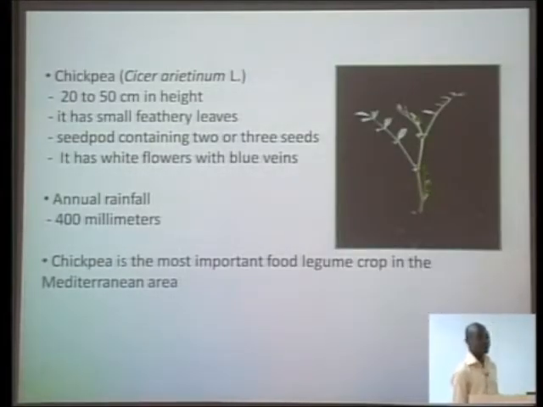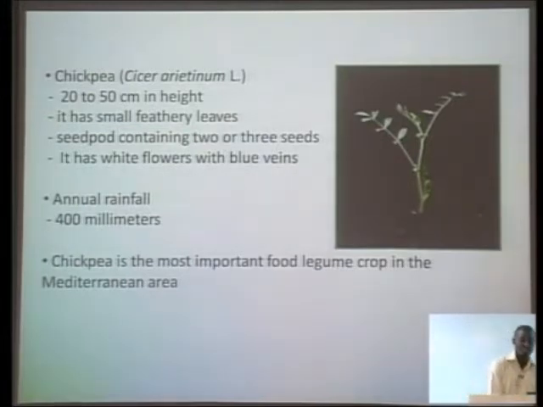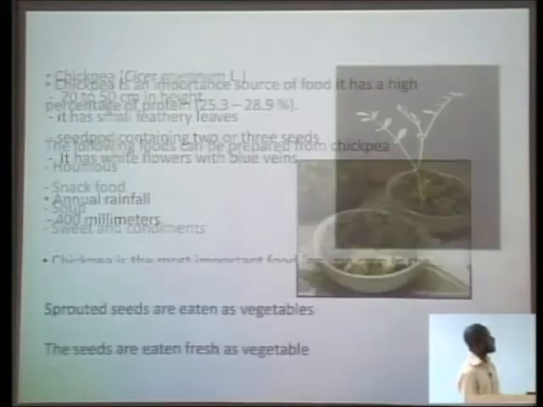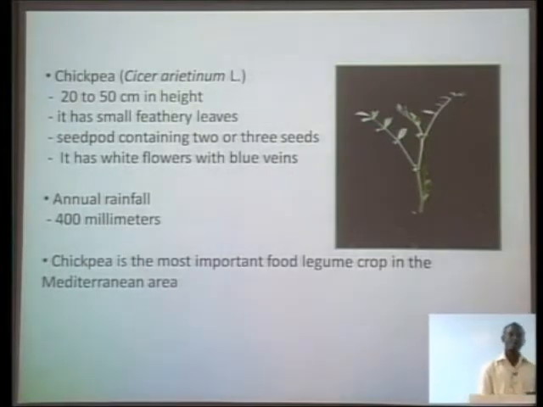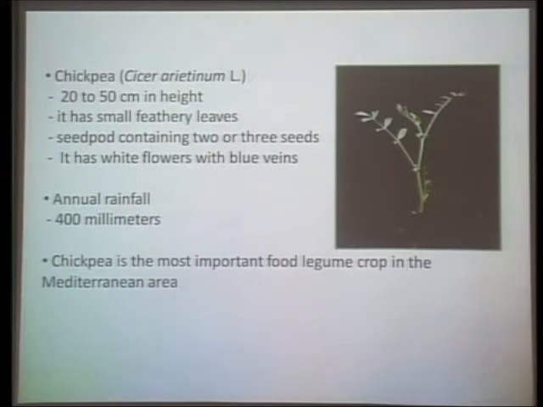Chickpea is a leguminous plant and is scientifically known as Cicer arietinum, and it has a plant height of 20 to 50 centimeters. It has small feathery leaves on both sides of the stem. It has a seed pod containing 2 or 3 seeds. It also has white flowers with blue veins.